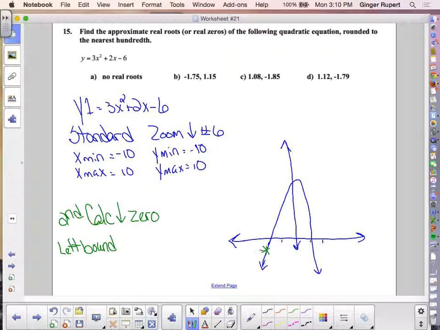You want the cursor to be on the left-hand side of the x-axis, whether that's above or below. You'll hit enter. The calculator will say right bound. At that point, you'll move the cursor above the line. Hit enter. The calculator will say guess, and you just hit enter. And it will give you an x value of -1.79 and a y value of 0.